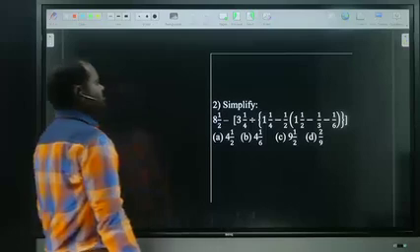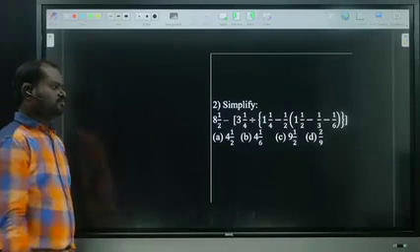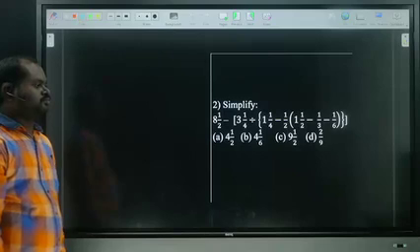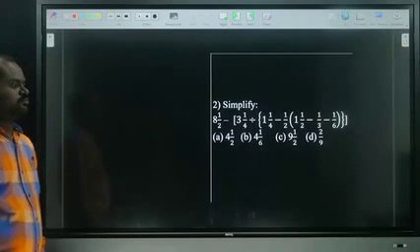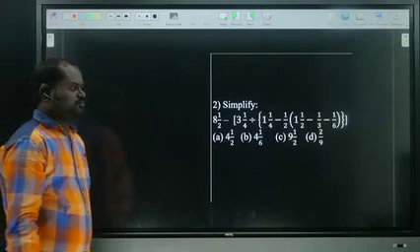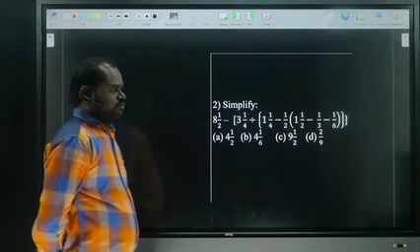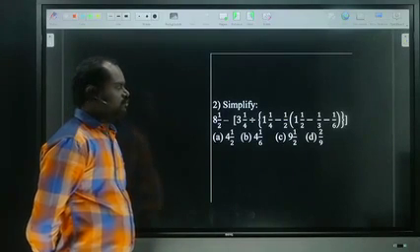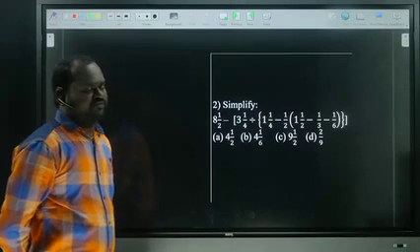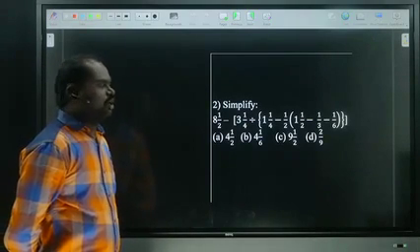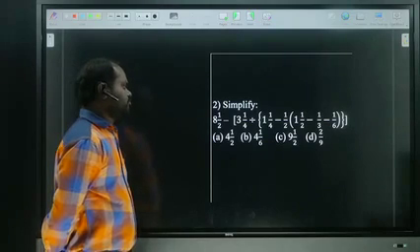Try this once. First preference for which bracket? Open. Second preference? Flower. Third preference? Close.